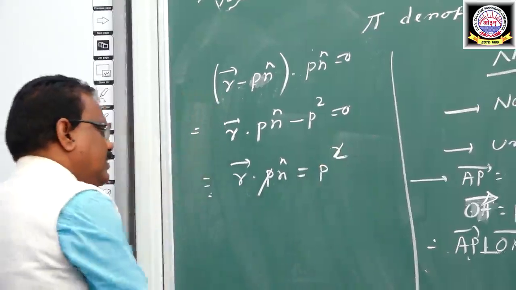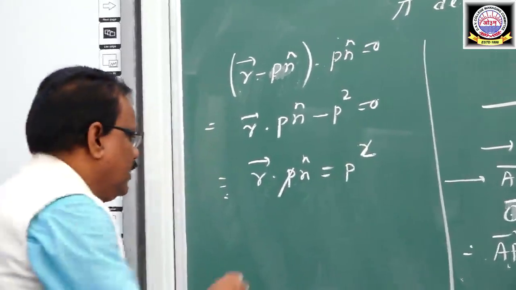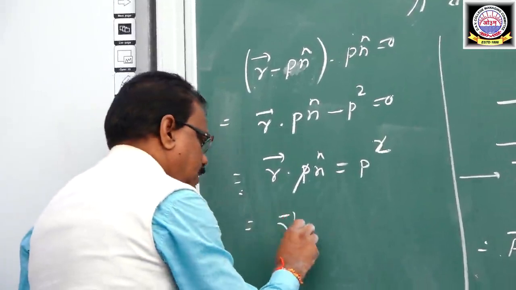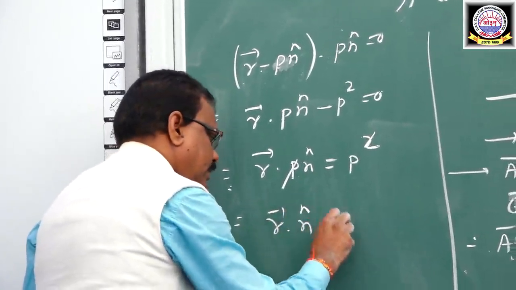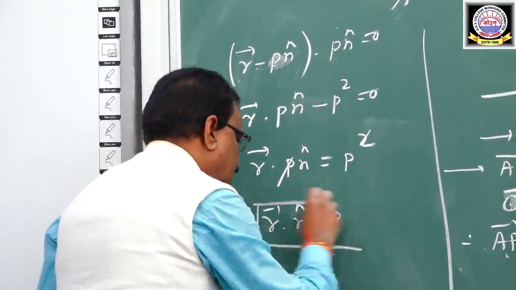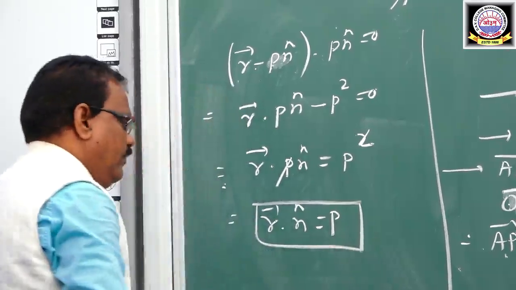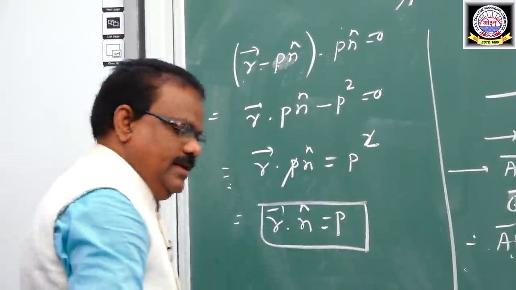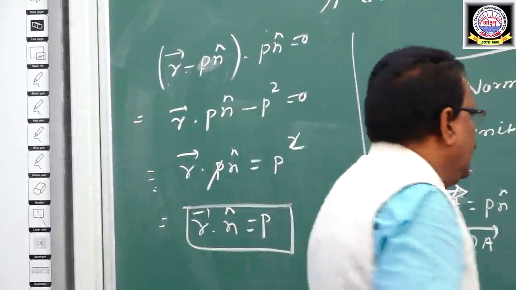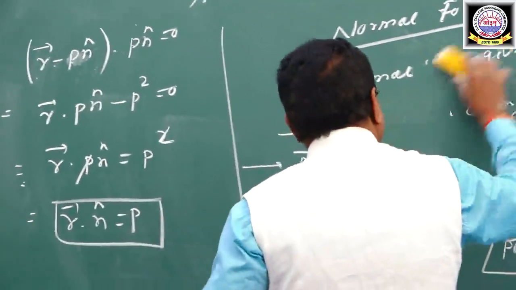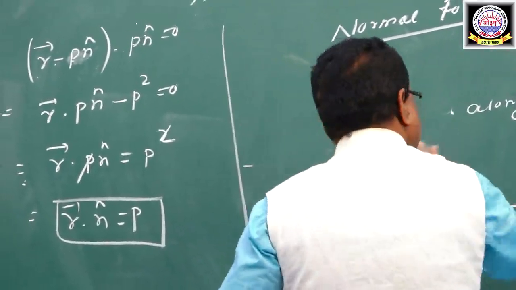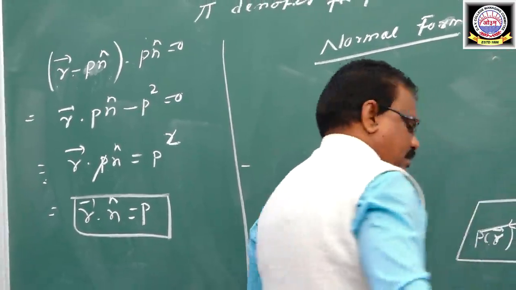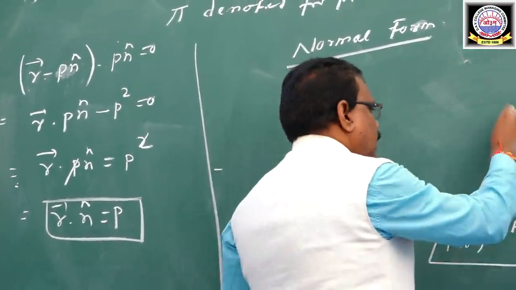Cancelling, I am cancelling because P is a positive quantity. So what I am getting is R dot n cap is equal to P. This is the equation of the plane in normal form. It is very interesting, because if I compare, then you will be able to understand how it is interesting.